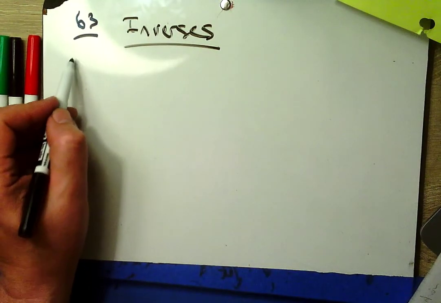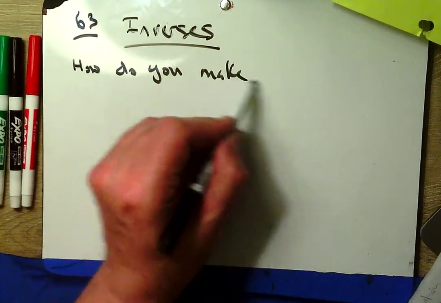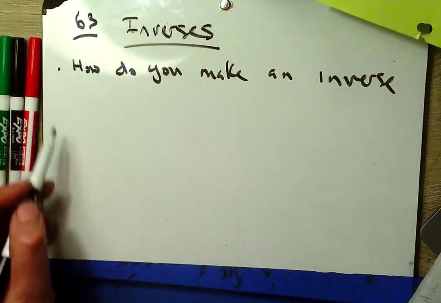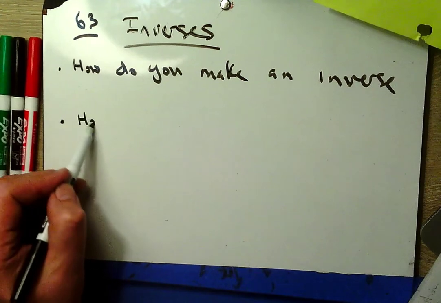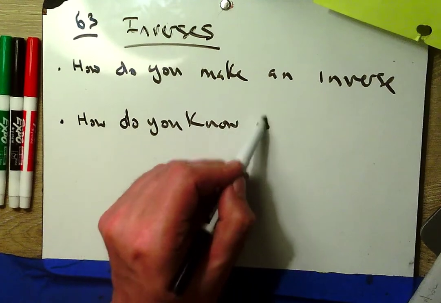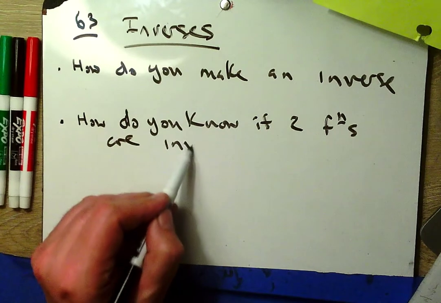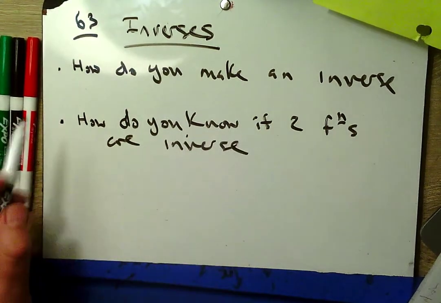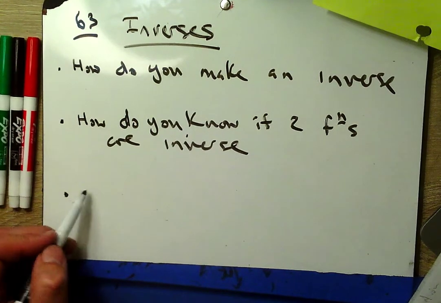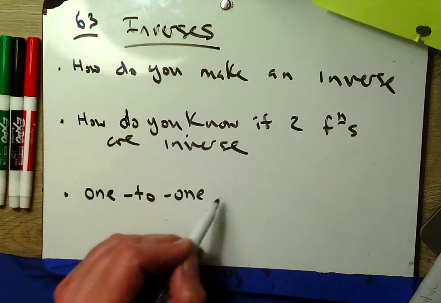One is how do you make an inverse? And I kind of want to talk about how do you know if two functions are inverses? But before that, I'd like to talk even earlier about some vocabulary, like one-to-one function.